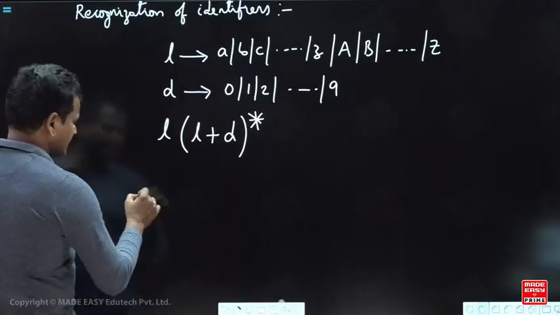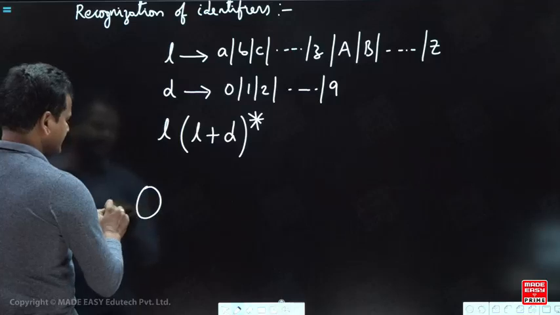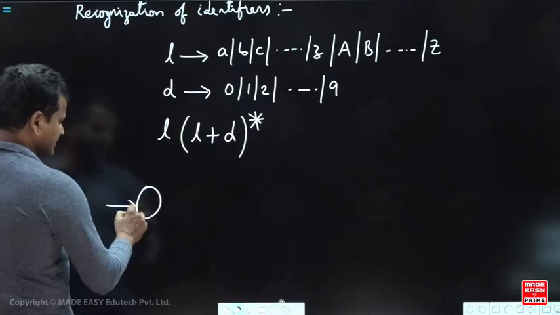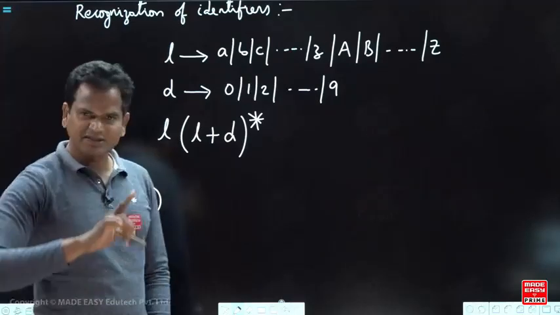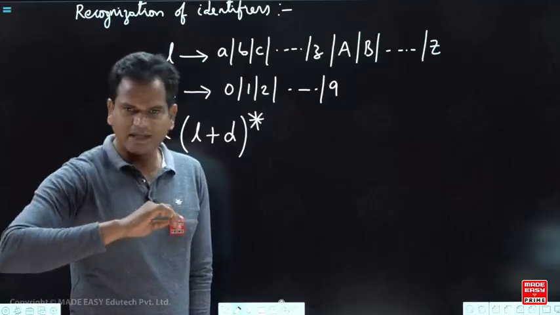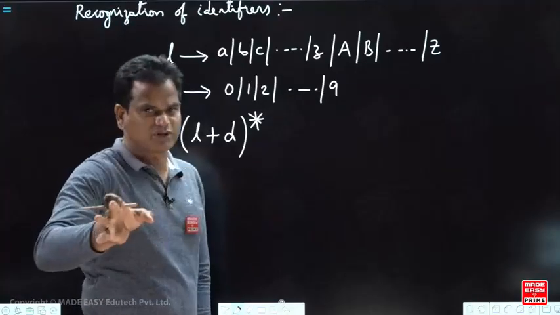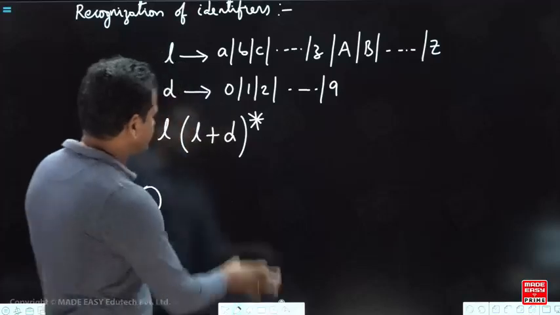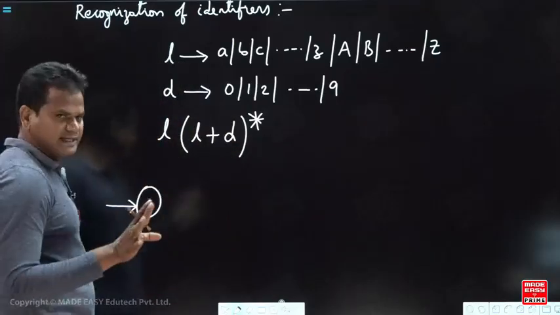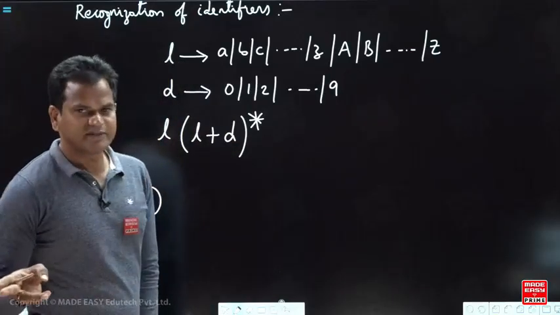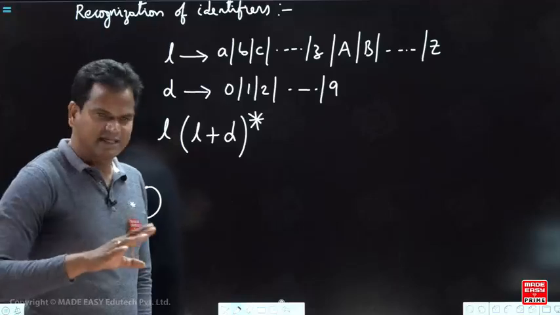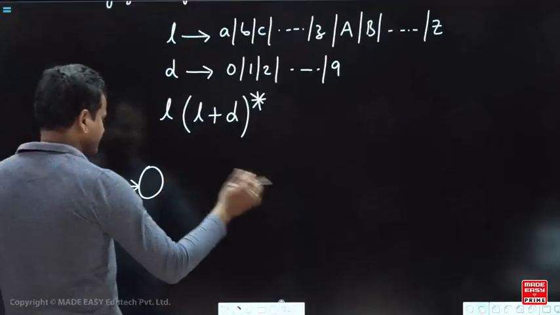So how will you accept this one? We need an initial state. Even if you are not getting it, just leave it. The next topics won't depend on this part. If you are absent for TOC and not getting anything, just listen and leave it. If you are getting it, it's good.